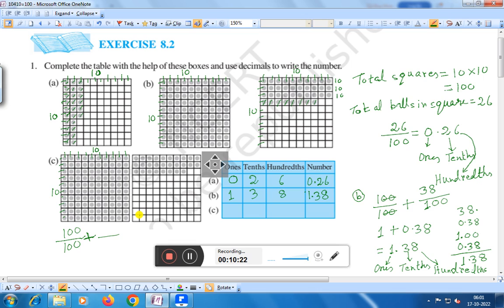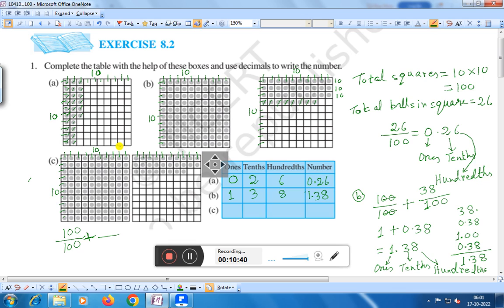Now, in the second box, you have to count again. Count this one. In the vertical direction 1, 2, horizontal direction 1, 2, 3, 4, 5, 6, 7, 8, 9, 10. Horizontal direction 10.